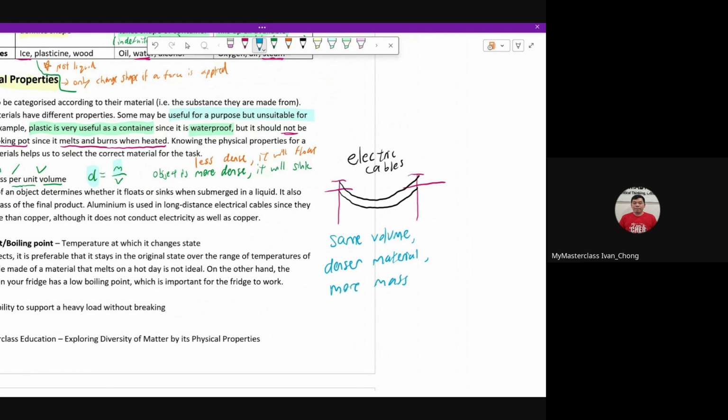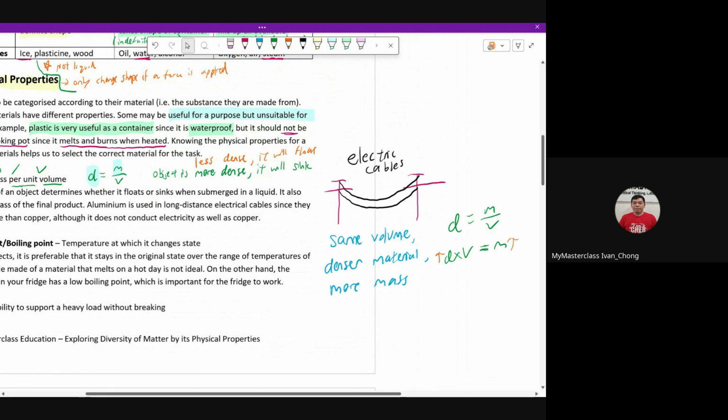Because remember the formula that we wrote just now, D is M over V, right? So if I move the V over, I will have DV is M, right? So your mass is actually density times volume. Because of that, if I have the same volume but I use something that is more dense, my mass will also be more.